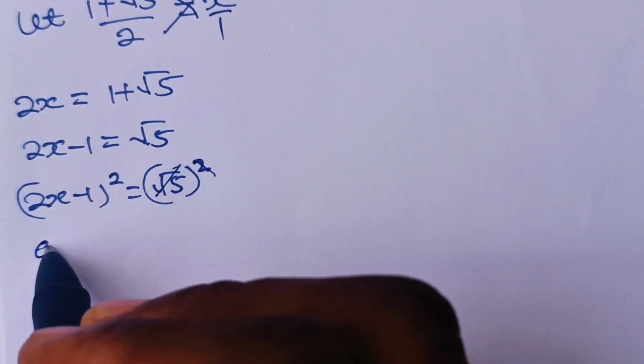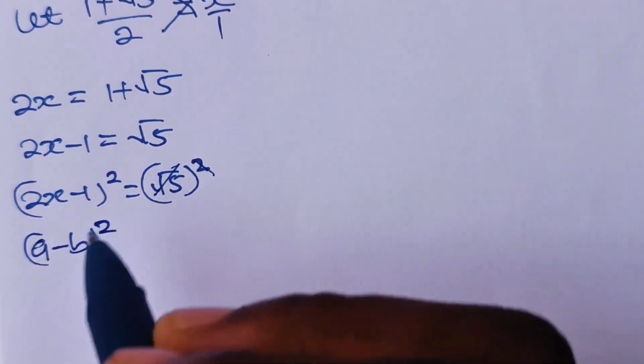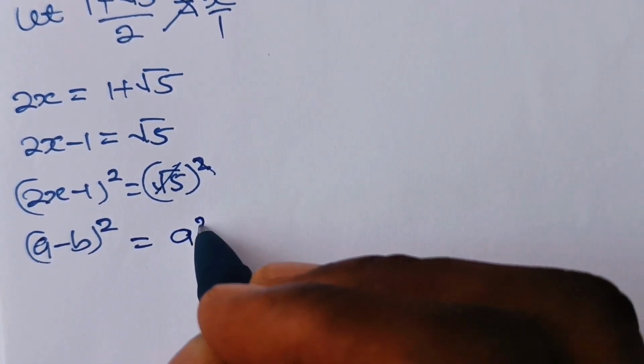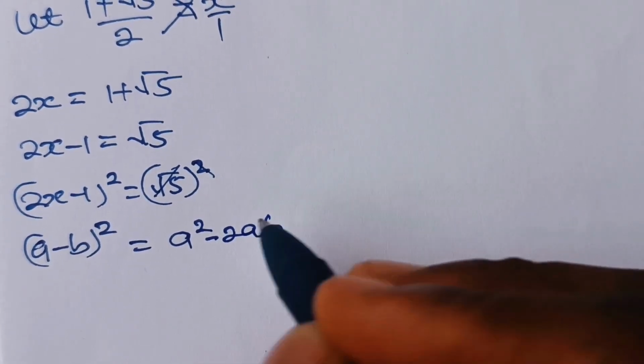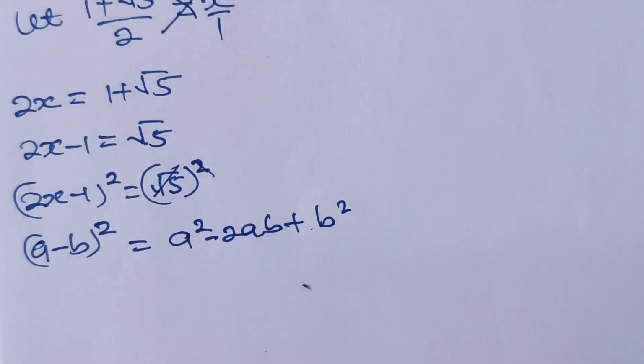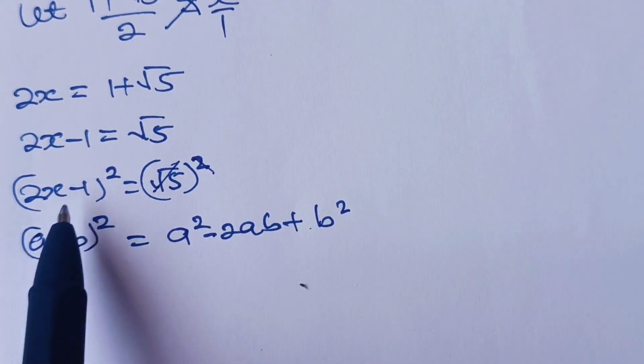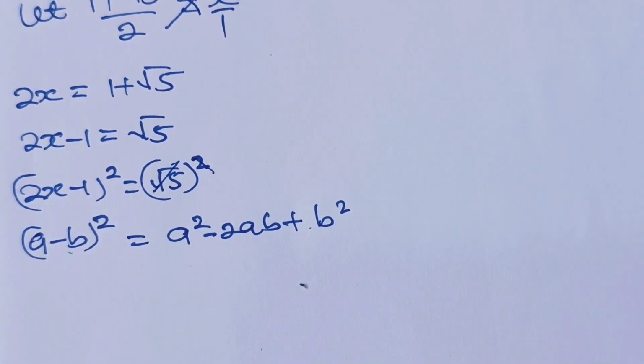And when you have (a minus b) raised to the power of 2, this is equal to a to the power of 2 minus 2ab plus b to the power of 2. Now in this case, our a is 2x while our b is 1.